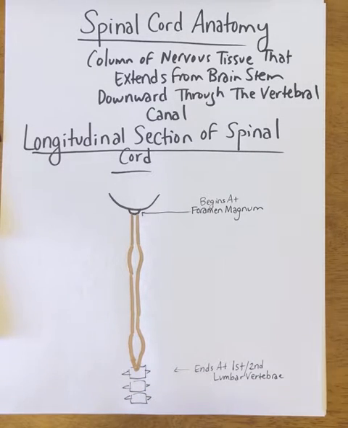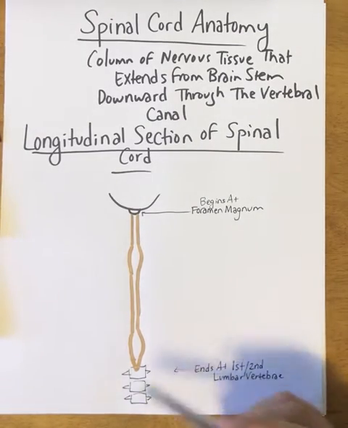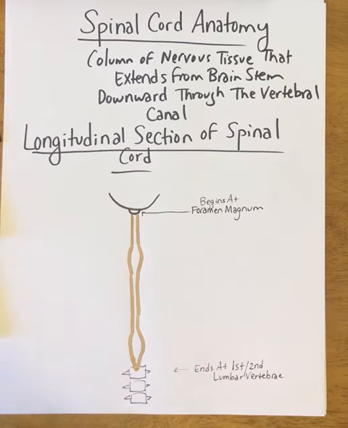Now when looking at the anatomy of the spinal cord, we can label these in an easy way. So this is the lumbar area. So the area right above it, which makes a cone shape, is the very end or tip of the distal end of the spinal cord, and it makes a cone shape.